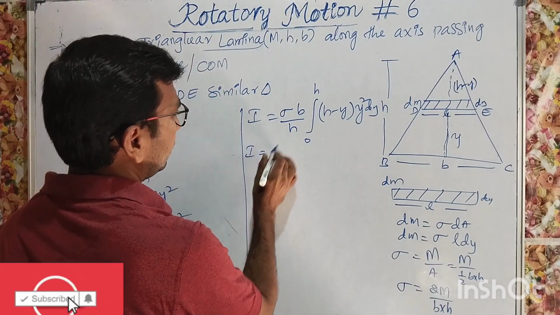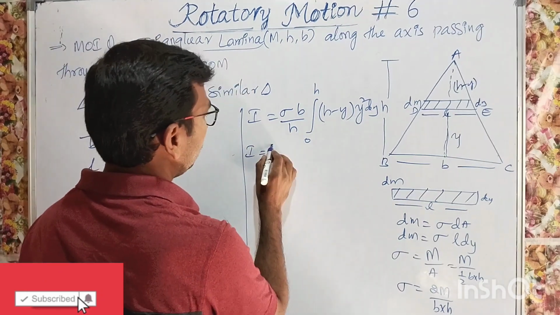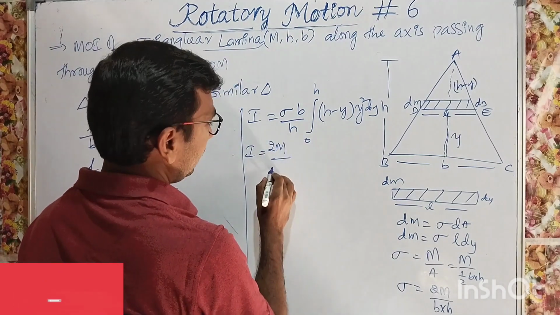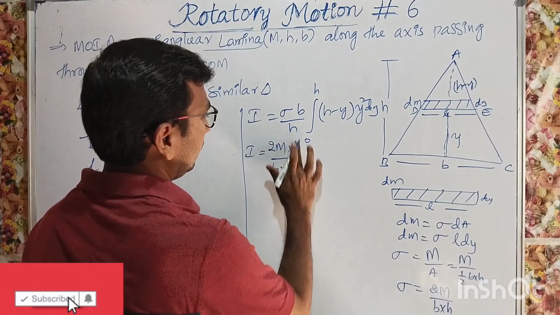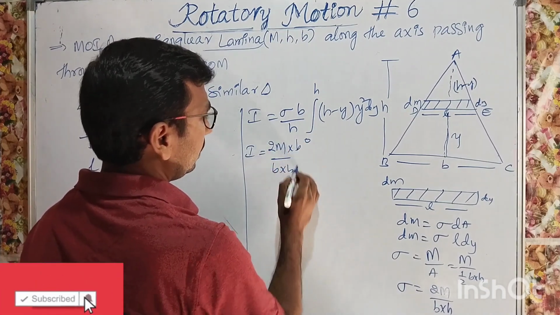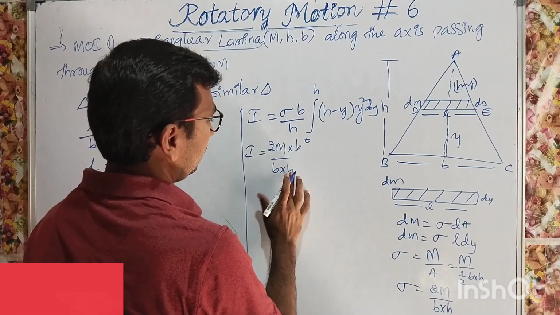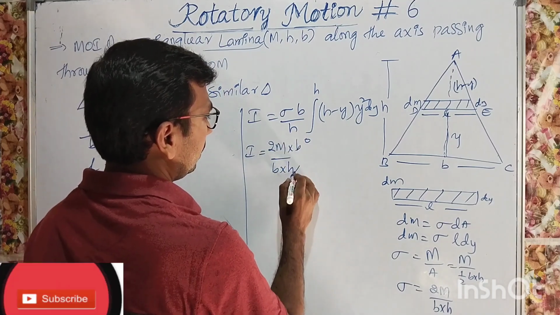Now substitute the sigma value: sigma is equal to 2m by breadth into height, into breadth, and here one more h is there, so into h.